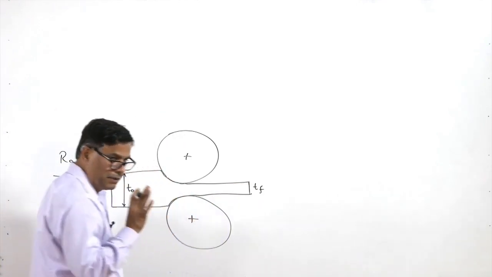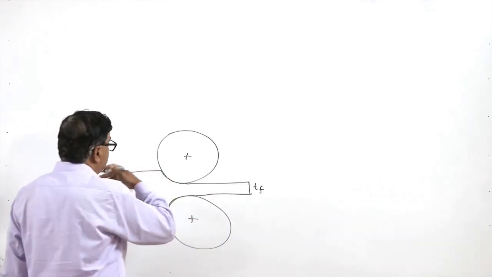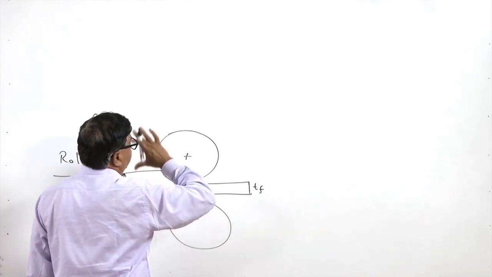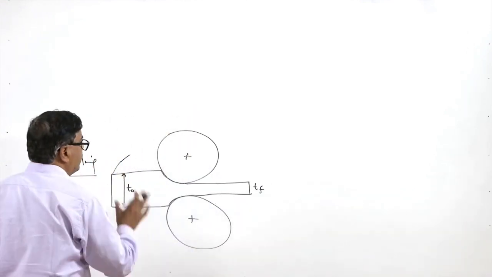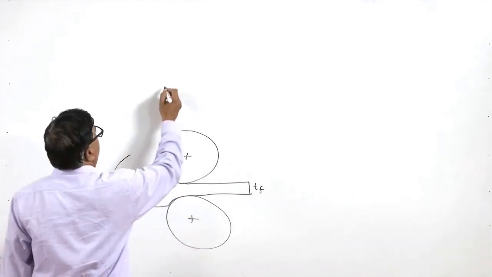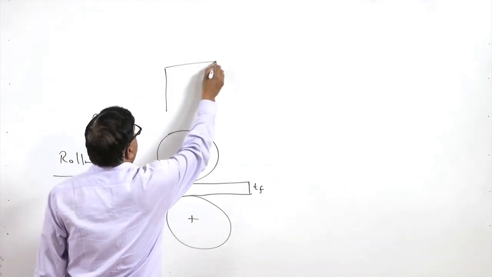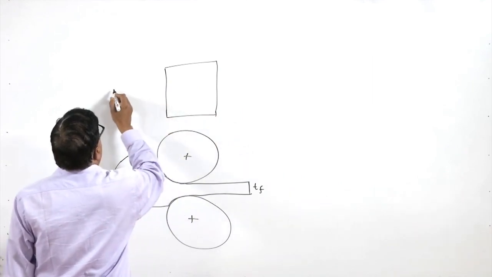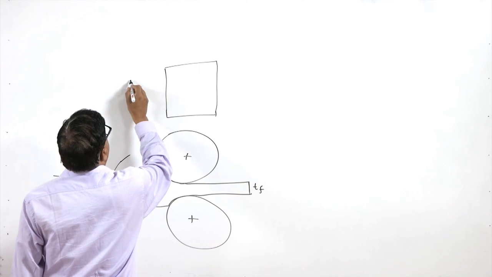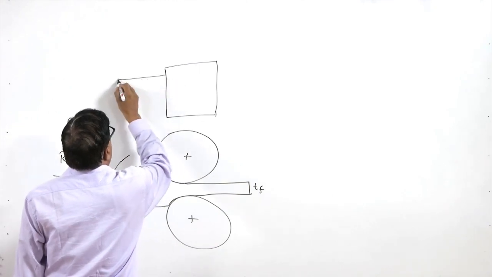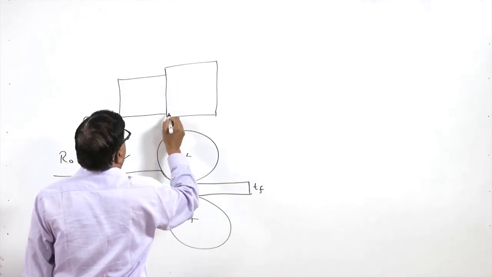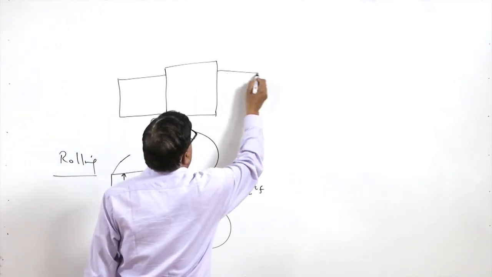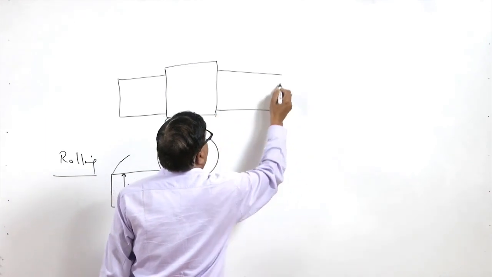Since whatever reduction is obtained happens in the thickness only, the width of the plate stays the same. If we see the same thing in the top view, we can have the rollers in this manner and the plate entering the rollers like this and then coming out with the same width.